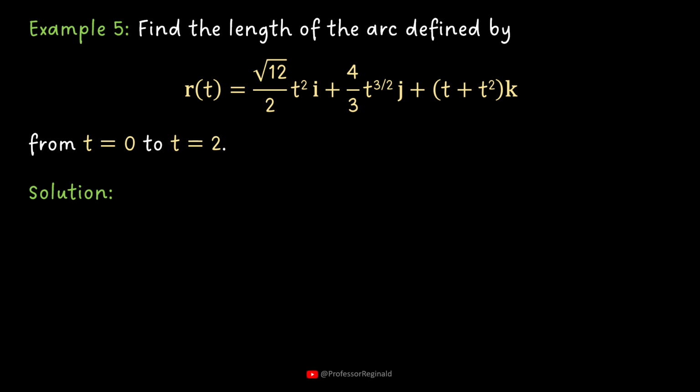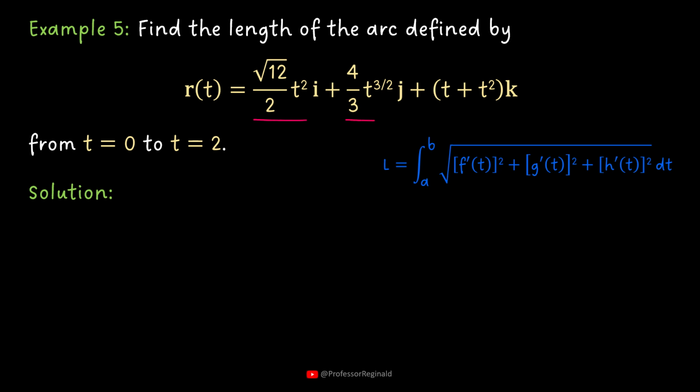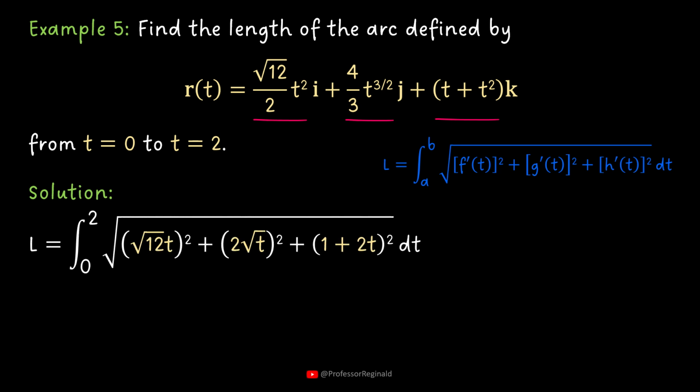From Calculus 2, the arc length of a curve in 3D space defined by a set of parametric equations is given by the following formula. Differentiate each component function, and substitute the results into the formula. Then simplify.